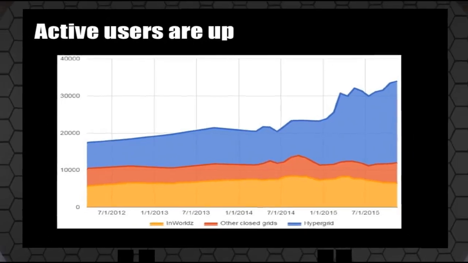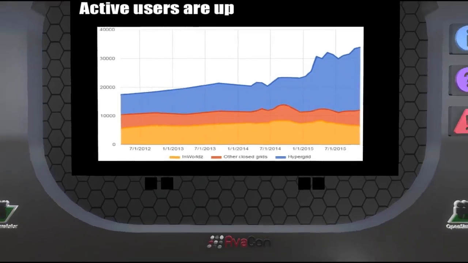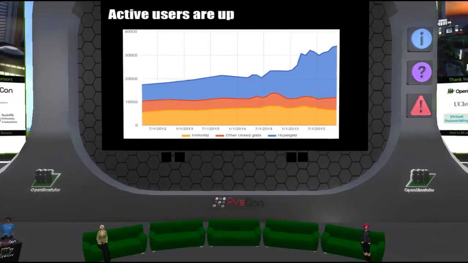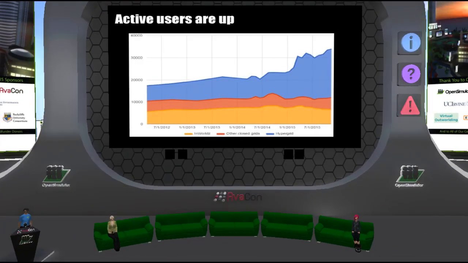Of the rest, the biggest chunk is on InWorlds, which has been doing a great job bringing people to OpenSim for the first time. And the rest of this chart, the little red band in the middle, that's the other closed commercial grids.